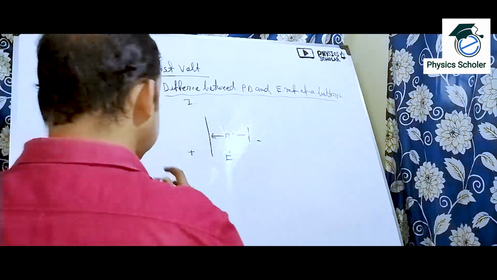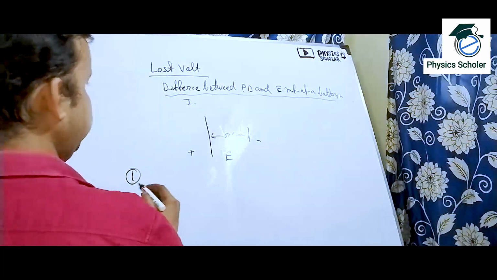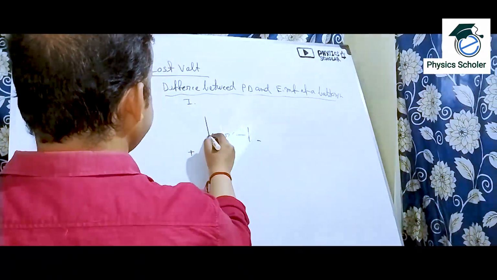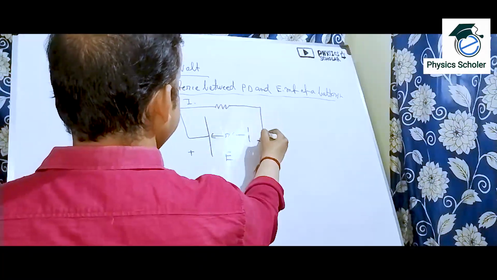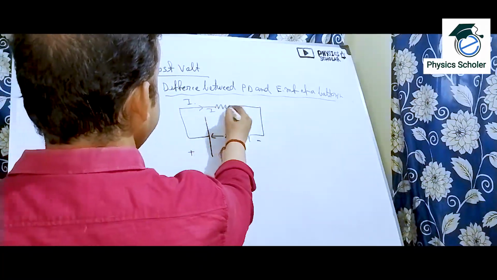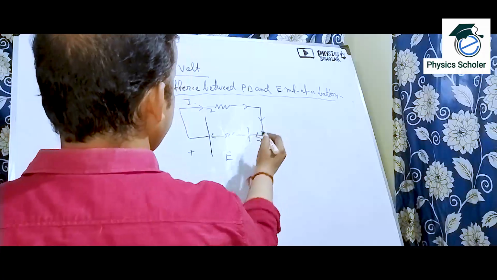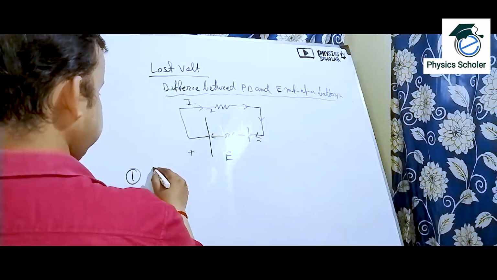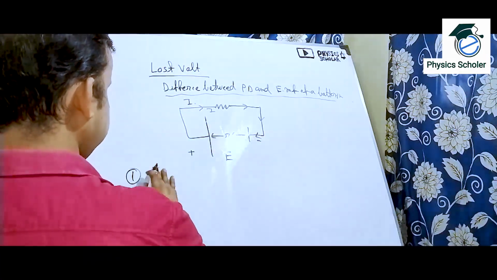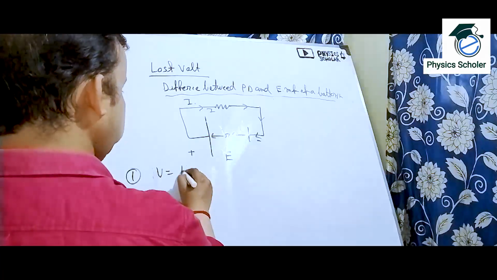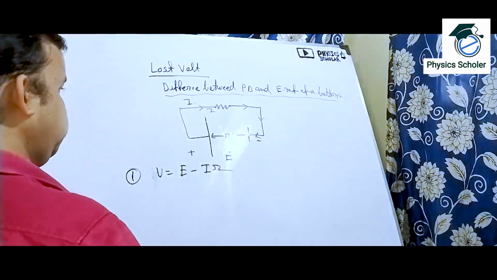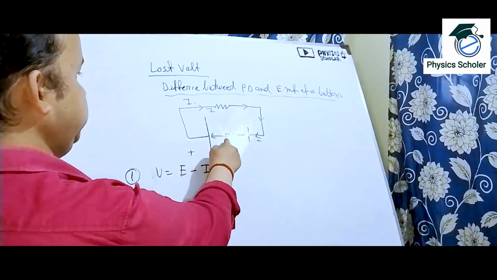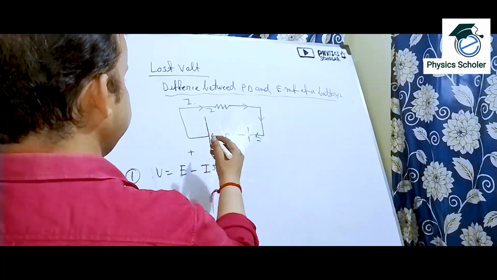So what will happen when the battery is connected with the external circuit? Current I will flow, then V is equal to what? EMF minus lost volt. So due to E only, the potential difference is created.